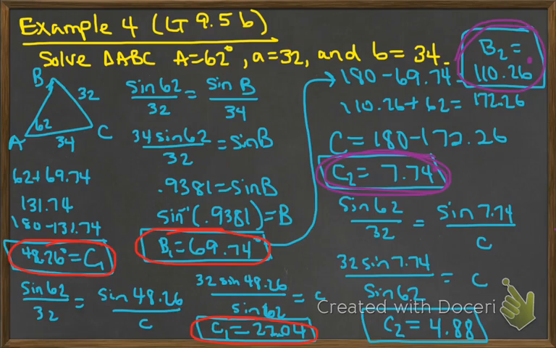Remember to keep your degree mark on there. I didn't do that on either of those. Or down here. So always have that degree mark just so you know which one is the angle and which one is the sides. And then for that second triangle, we got a side length of 4.8. So those are your answers. The red ones were for the triangle 1, and somehow mark your work.